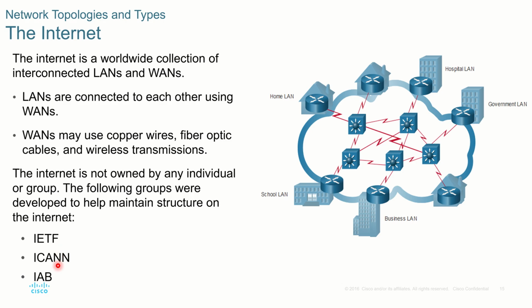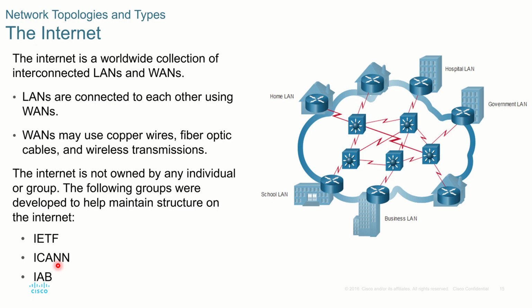And then we have also ICANN. These first two are the most important groups. ICANN is the Internet Corporation for Assigned Names and Numbers, whose responsibility is to manage domain names like utem.edu.my, for example, that is a domain name, and IP address allocation worldwide.